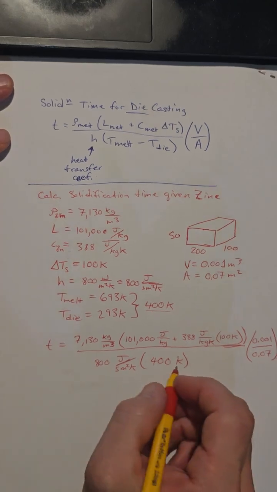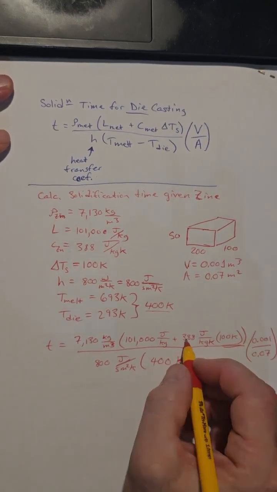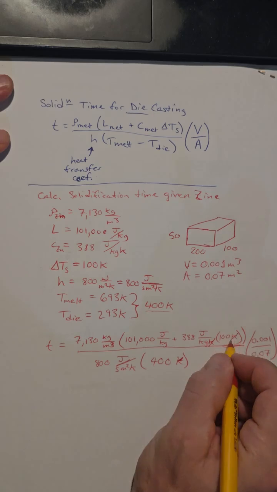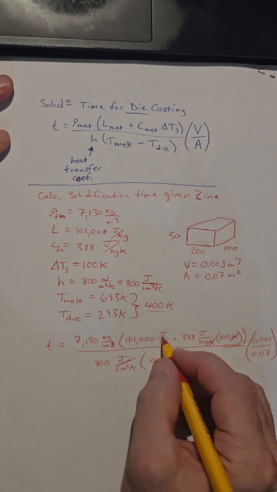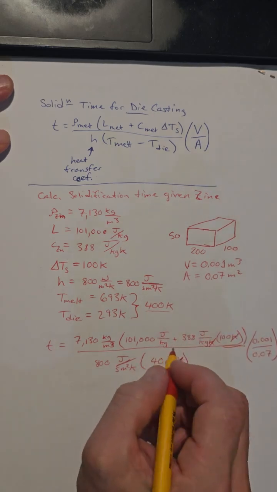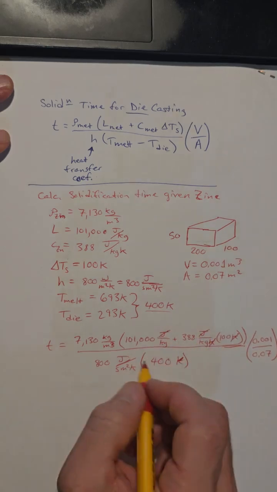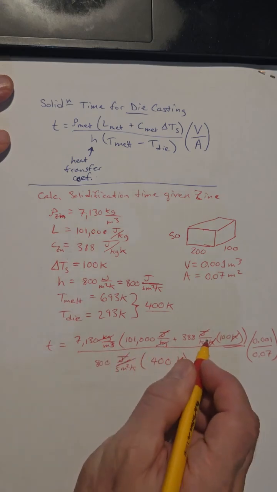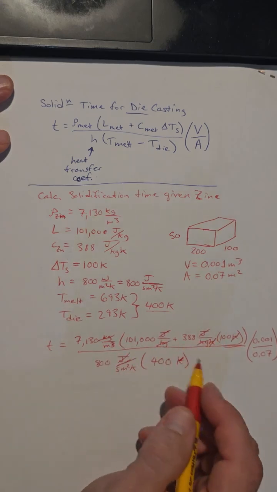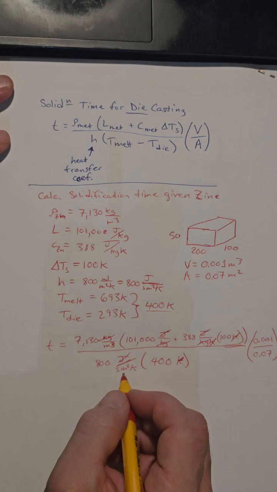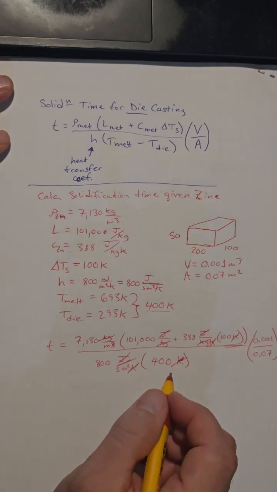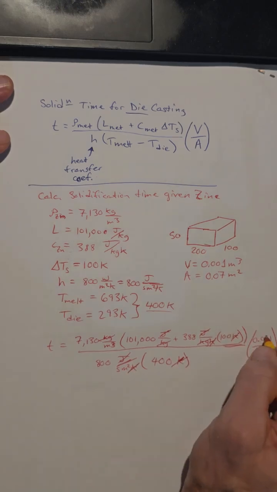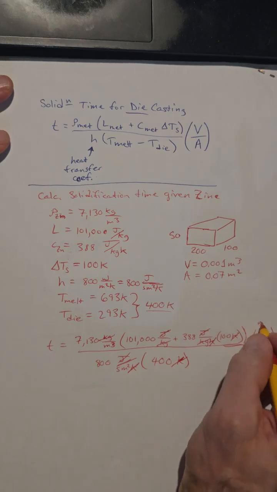Let's look at how our units are going to shake out here. First, let's go inside this term. Kelvin and Kelvin cancel. So now we're adding joules per kilogram with joules per kilogram. So joules in the top is going to cancel with those joules in the bottom. Kilograms is going to cancel with those kilograms. Now we've gotten rid of everything in here. Meters cubed. So we still have, let's see, that Kelvin cancels with that Kelvin. This is going to be the leftover from meters cubed per meter squared is going to be meters.